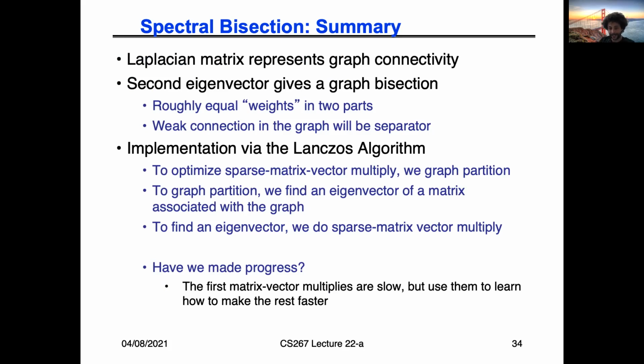But just to be able to do that, we now need to do sparse matrix vector multiply. So that's one of the reasons why people call this graph partitioning problem, at least some of the algorithms, chicken and egg. You're using this thing to improve the performance of something, but you need that something to solve the partitioning problem.